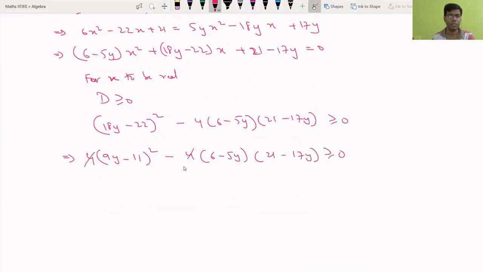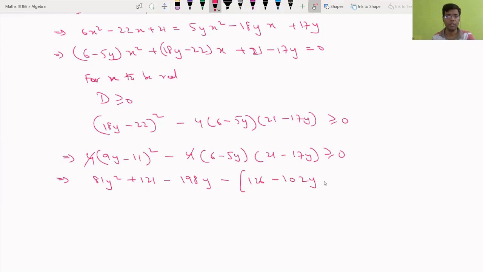So this 4 and this 4 will get cancelled. So this will be 81y square plus 121 minus 198y, minus, if I multiply, this will be 6 12s, let me put a bracket, and 6 17s are minus 102y.